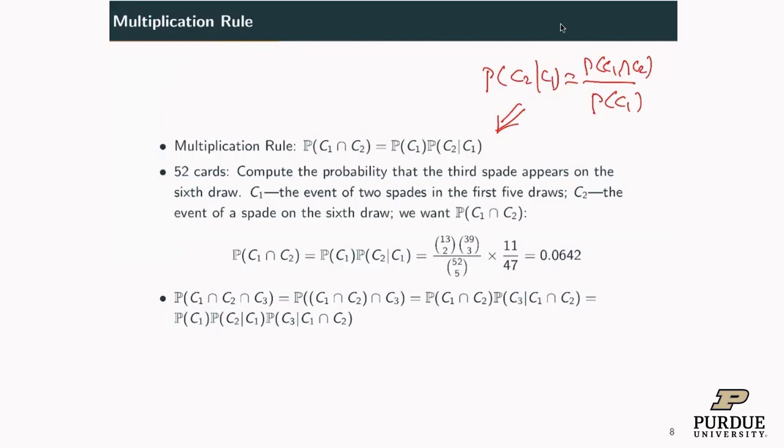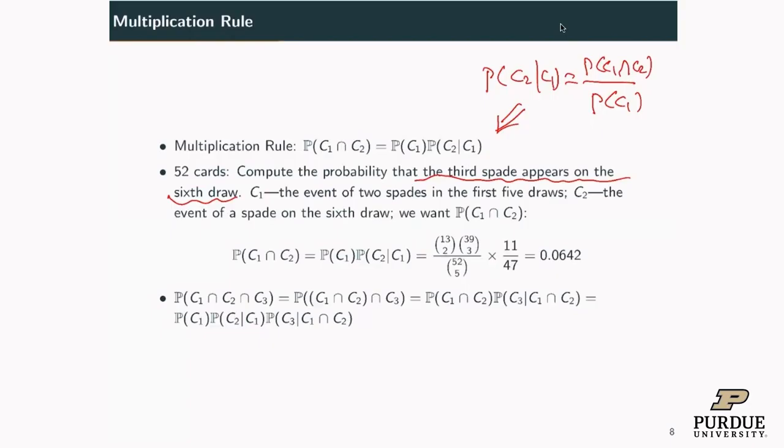Let C1 be the event of 2 spades in the first 5 draws. Let C2 be the event of a spade on the 6th draw. We want C1 intersection C2. Probability C1 intersection C2 is probability C1 times probability C2 given C1.